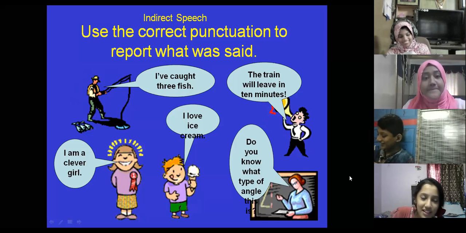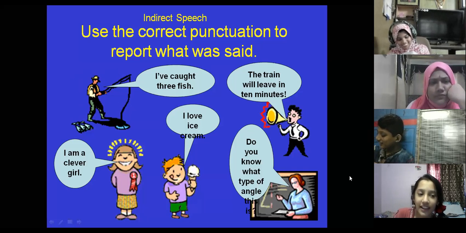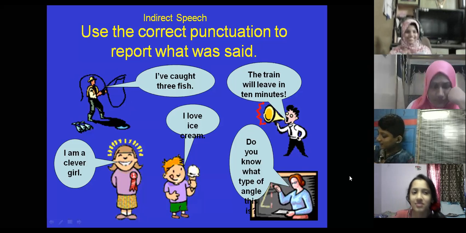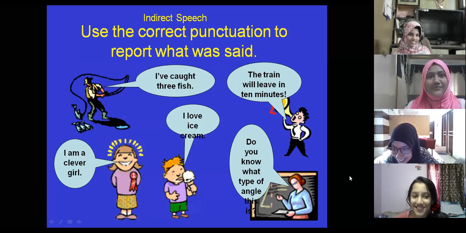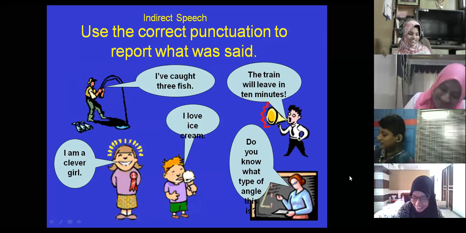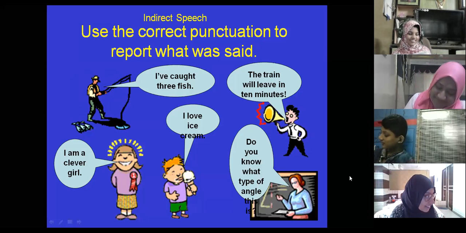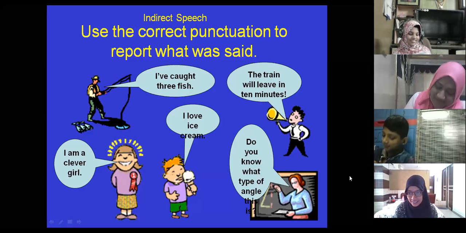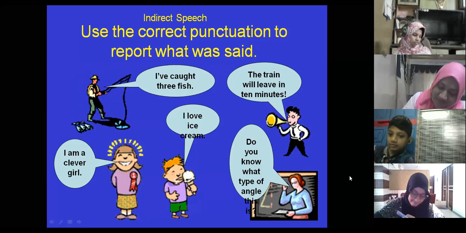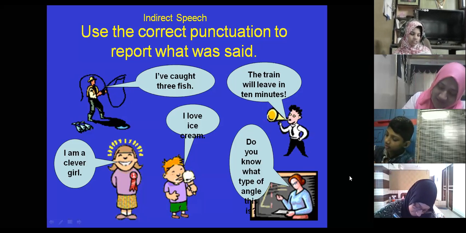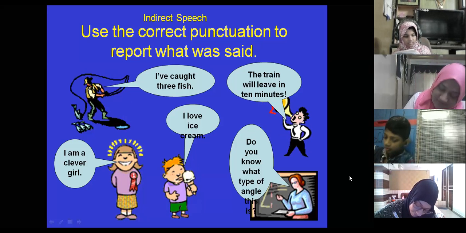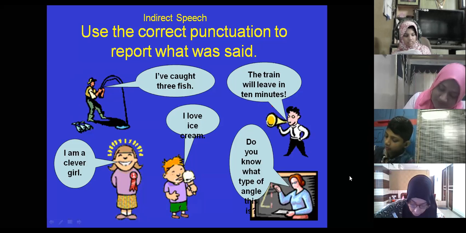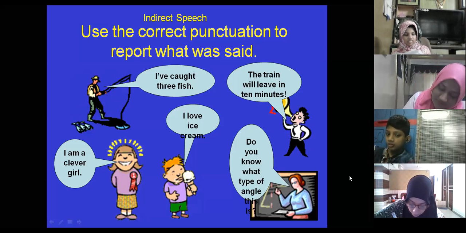The fisherman said that he had caught 3 fish.